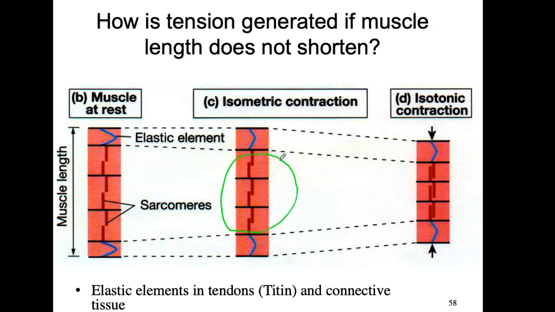But when you look at the distance from here to here, it didn't shorten because it's the same as the distance from there to there. So somehow the muscle contracted, but it didn't shorten. How did that happen? It happened because that elastic element was the one that stretched. And if that elastic element stretched, then it allowed for the shortening of those sarcomeres and no change in length.